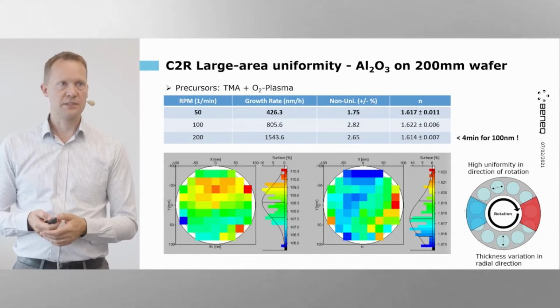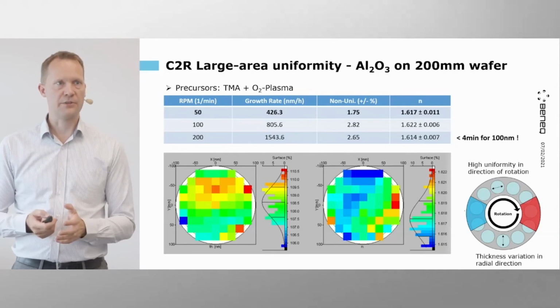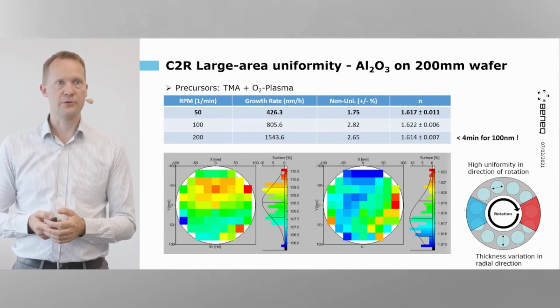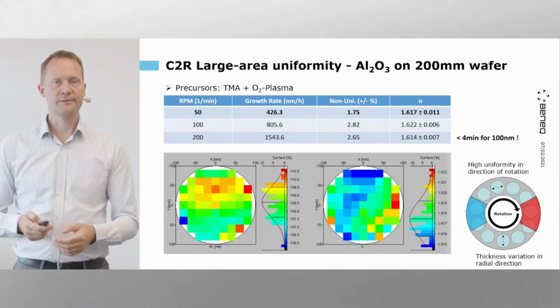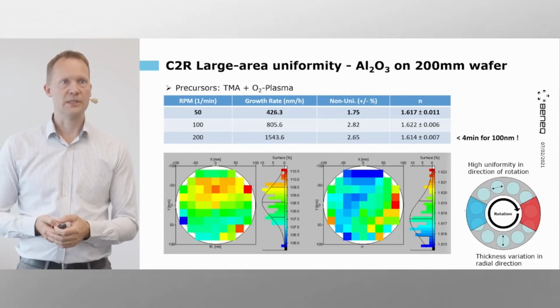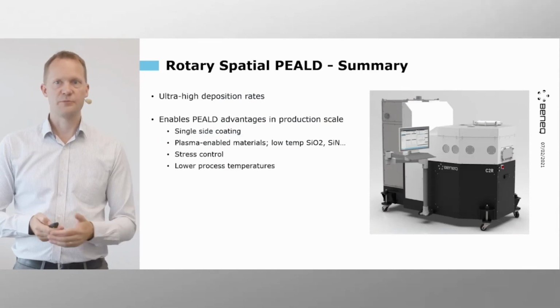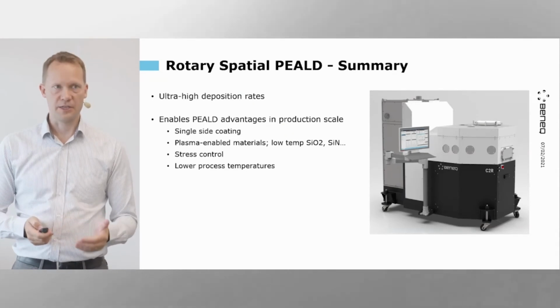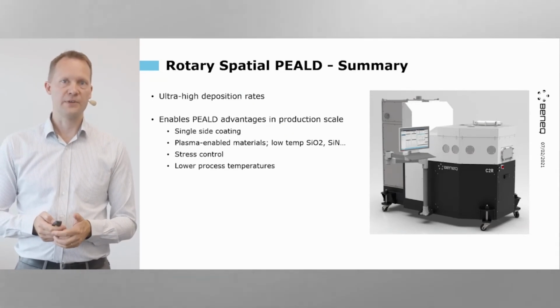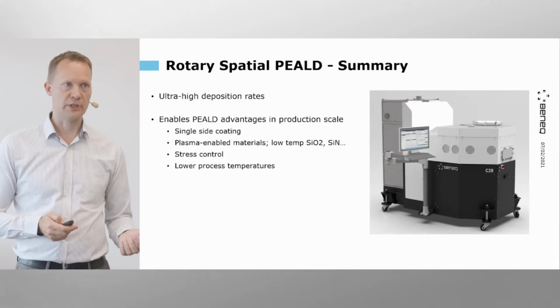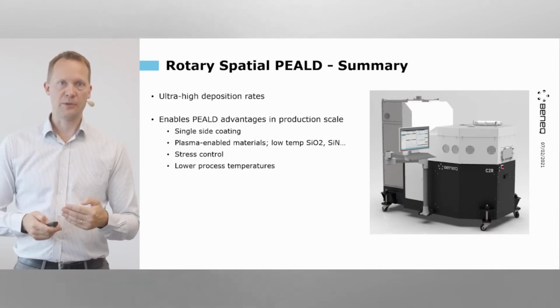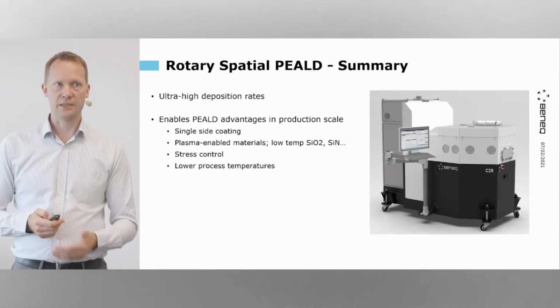One thing to note here, just again a practical thing, is that it takes only about 4 minutes to deposit this 100 nanometer aluminum oxide film at 200 RPM. So compared to the other ways of ALD, this is really, really high speed. So just to summarize the rotary spatial PALD part, very high deposition rates, and it offers the benefits of plasma enhanced ALD in production scale, which are the single-sided coating, and some materials that are only possible with plasma enhanced ALD, like silicon nitride.